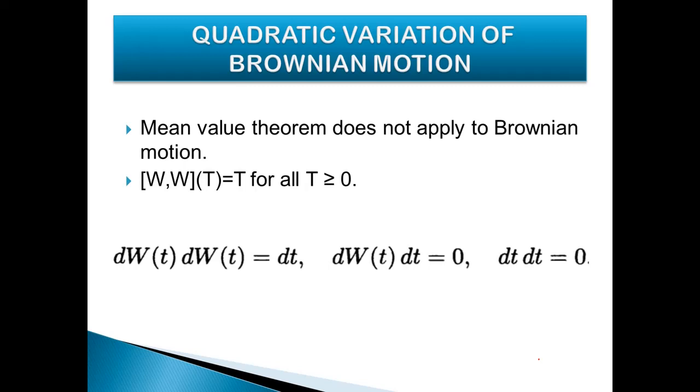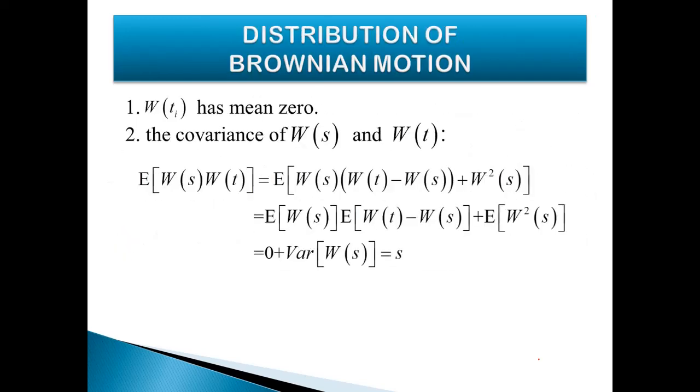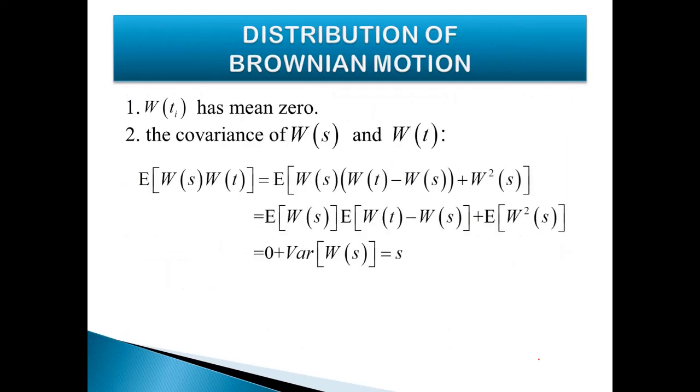Okay, and then we have a few more things. W(t) has mean 0. The covariance of W(s) and W(t), you can find out, is the expectation of W(s)W(t).